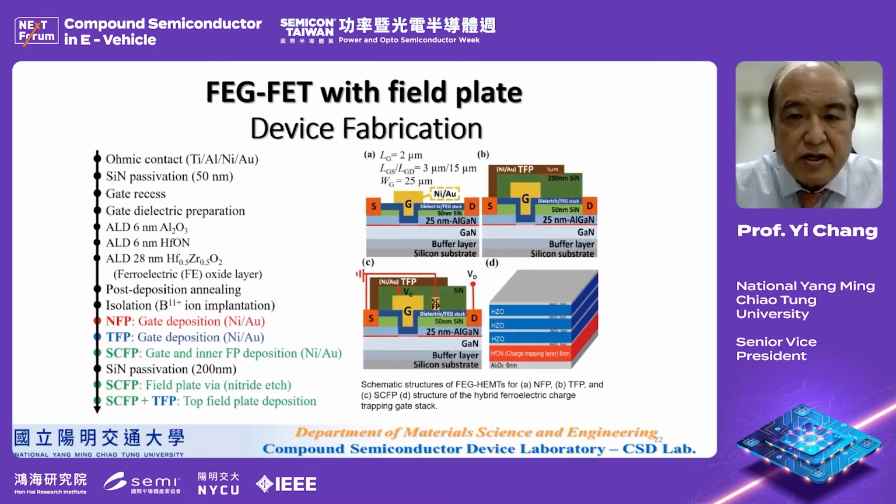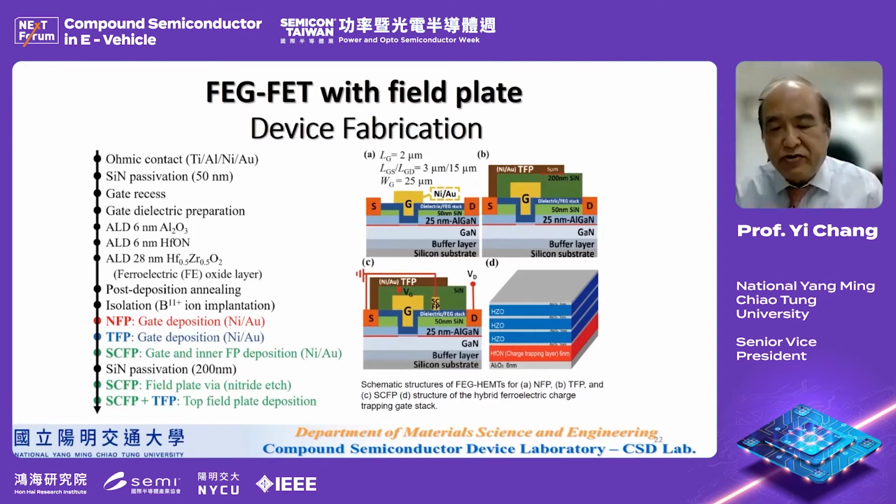So this is a typical device fabrication. We form ohmic contacts and nitride passivation, make the recess, and then we form the hafnium zirconium oxide ferroelectric, and after that we also do field plates, different types of field plate, to make it work.